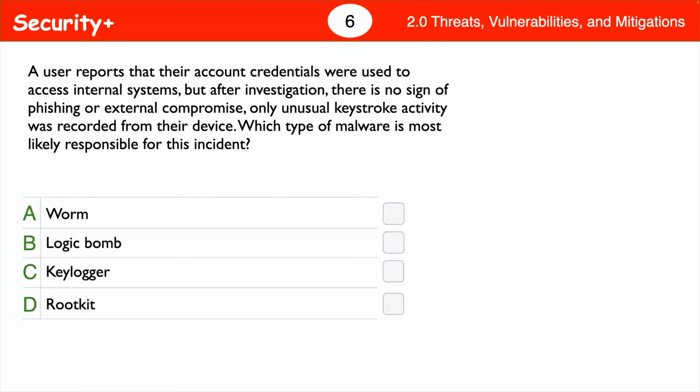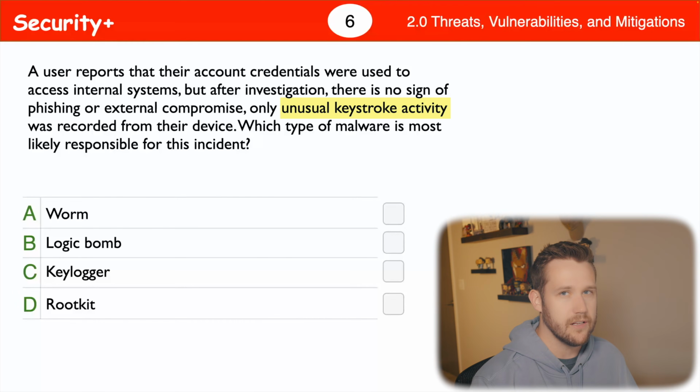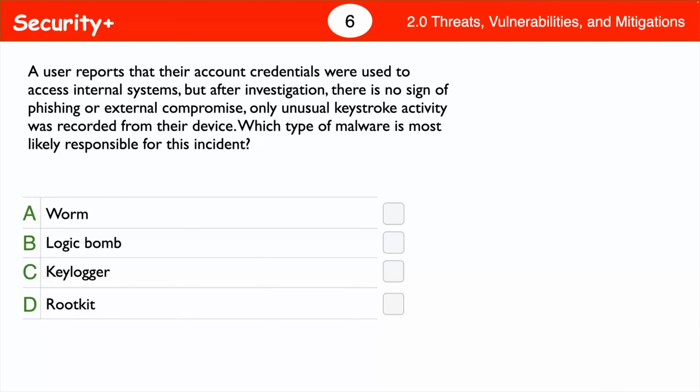Okay, so the key phrase for this one is, without a doubt, unusual keystroke activity. This suggests that user input was secretly recorded rather than captured through things like deception or system-wide compromises. So let's go into the process of elimination.